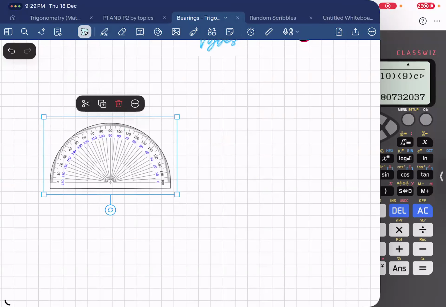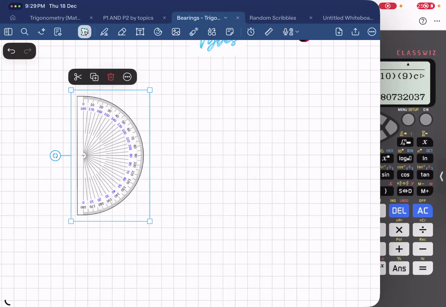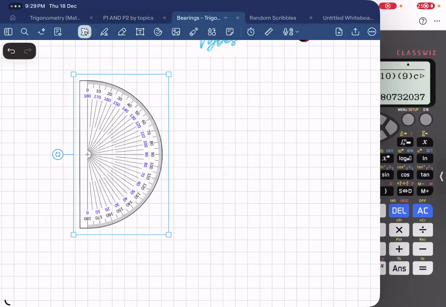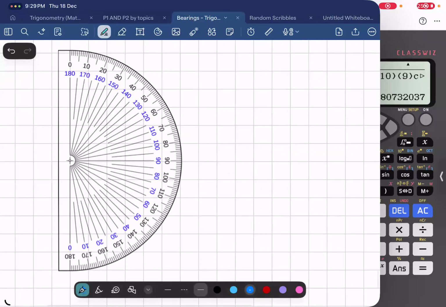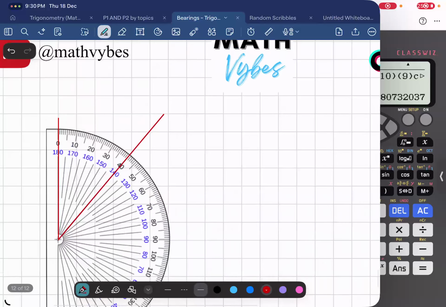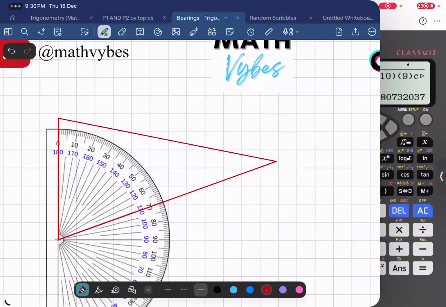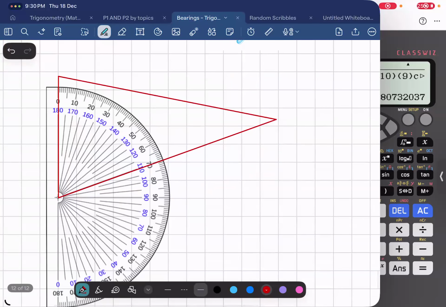We're gonna create an actual diagram, an actual triangle with actual measurements, so we know it has to be 100% correct. Let me just start off over here. I'm going to put down this angle like that. Okay, great, so we created an actual triangle.